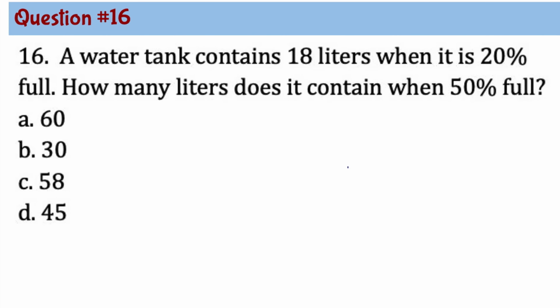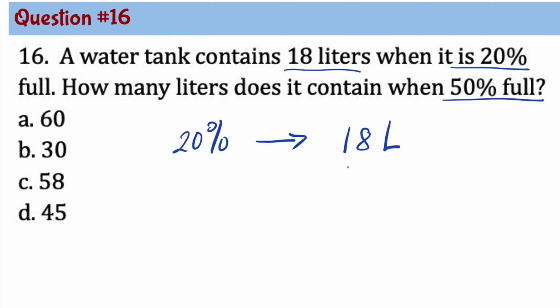Question number 16. A water tank contains 18 liters when it is 20% full. How many liters does it contain when 50% full? So the best way to deal with this type of question is to make sense of the problem. If it is 20% full, the tank contains 18 liters.